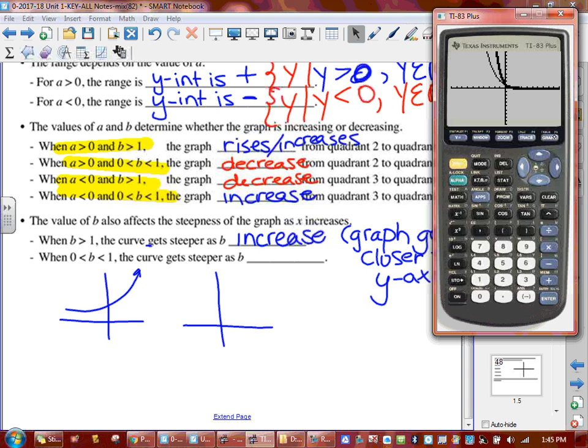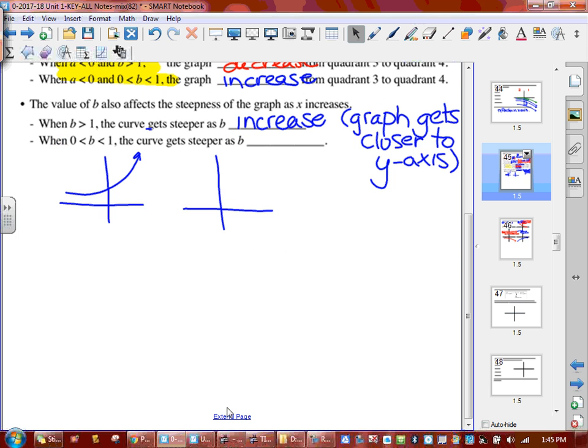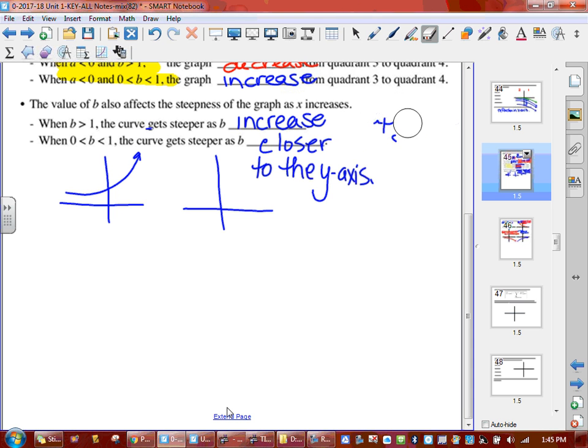So, as b gets larger, the curve gets steeper if it's closer to the y-axis. Again, it's closer to the y-axis with a smaller b number.